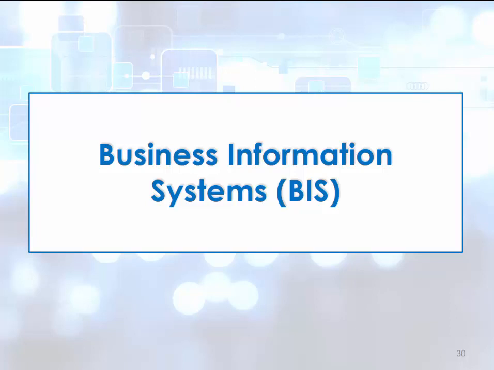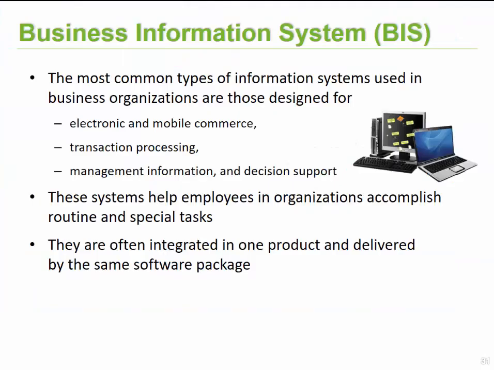Business information systems. In this section, we're going to look at typical systems that we find within organizations and how they assist organizations in achieving specific goals or to perform more specified actions. Now, what is a business information system?